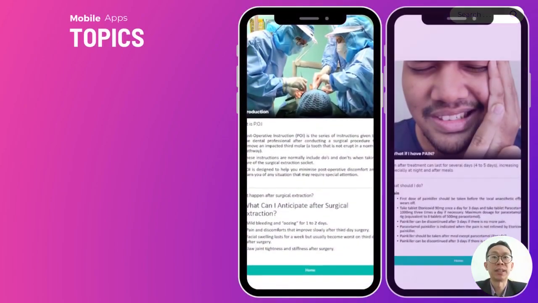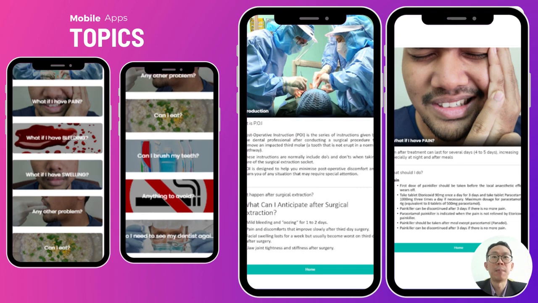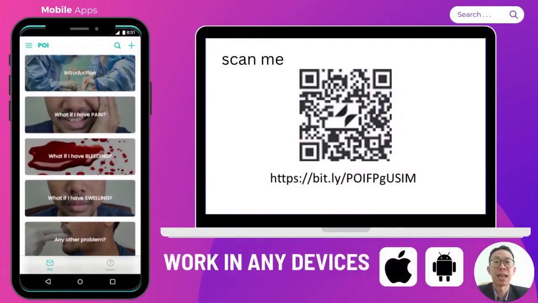The PosCare app consists of 9 topics, namely introduction, management of pain, bleeding, swelling, and limited mouth opening, oral hygiene instructions, dietary intake, things to avoid, and follow-up. The app can be installed by clicking on the link provided or scanning the QR code.